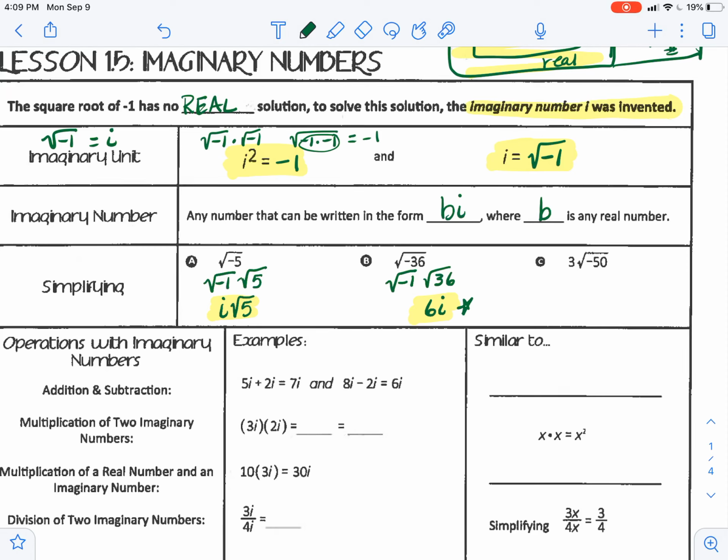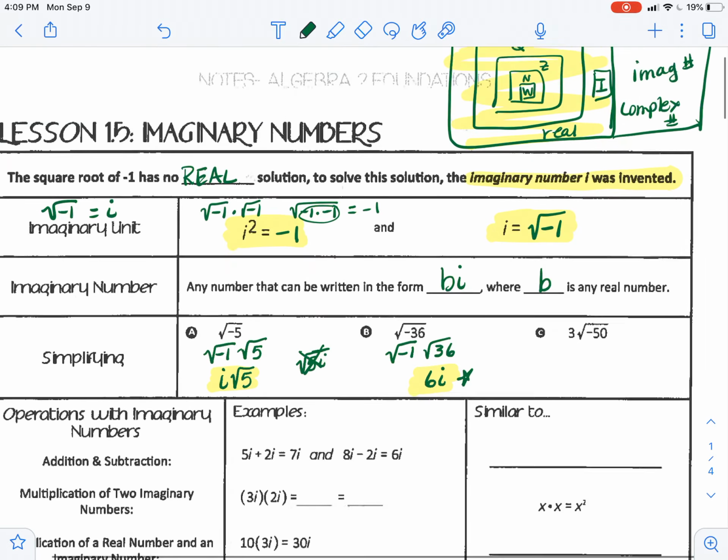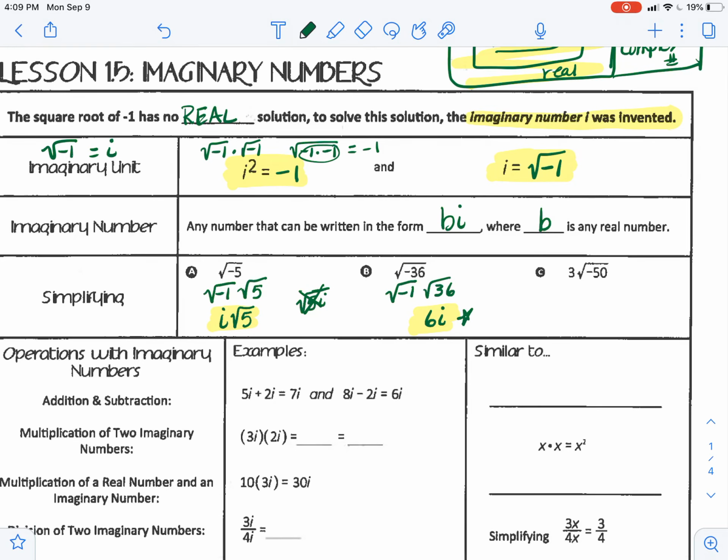What I see kids do when they have i times the square root of 5 here is they end up making that radical come too far over, and it looks like the i is underneath the radical, okay? Well, that's wrong. You'll never have an i under the radical. And so I personally think it's better when you have a radical to put the i in front.